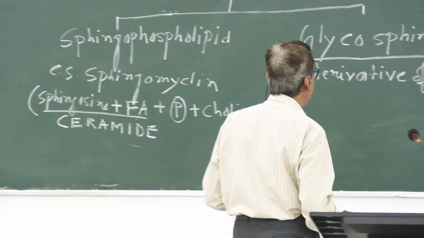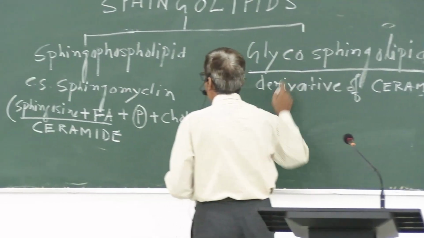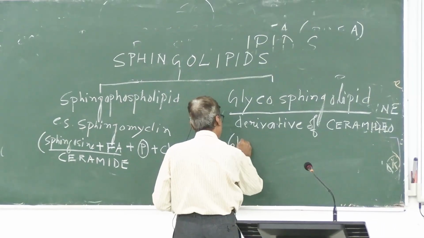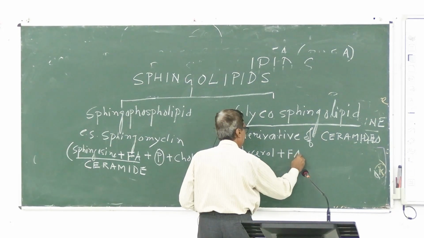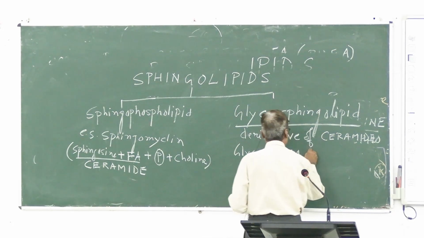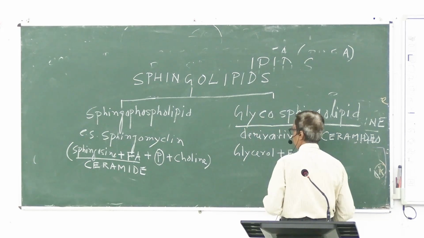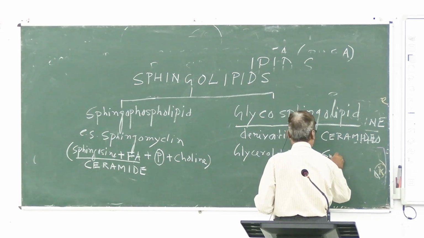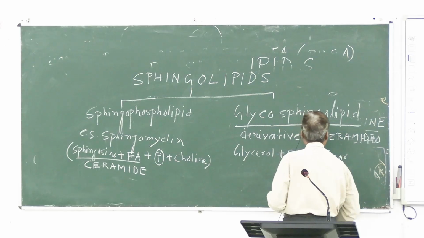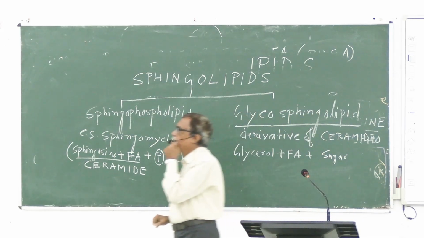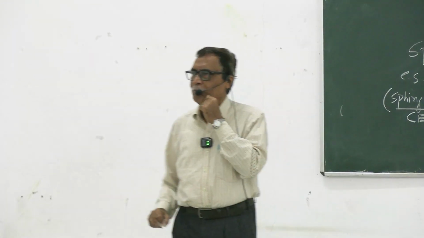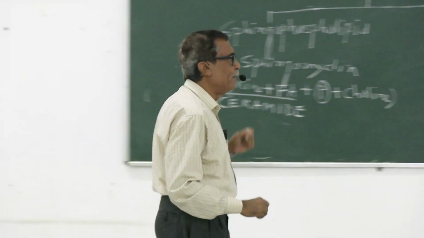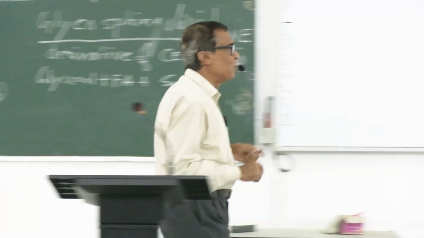Here it is a derivative of ceramide, but here there will be glycerol, fatty acid, and along with it there will be sugar. In case of glycosphingolipid, there will be no phosphate. Instead of phosphate, there is sugar.